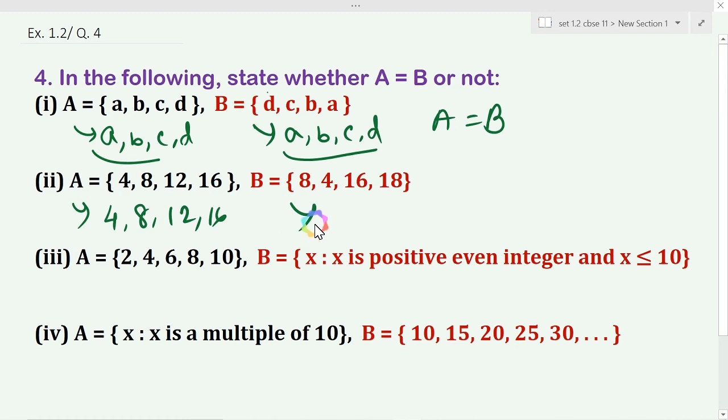Question number 2, the elements of A are 4, 8, 12 and 16. The elements of B are 4, 8, 16 and 18.